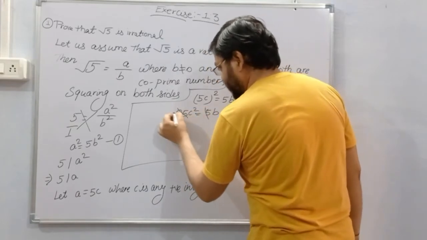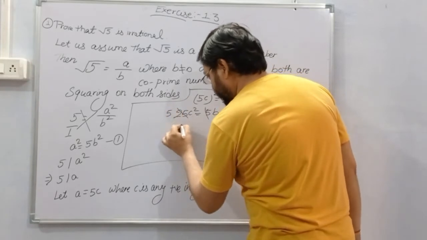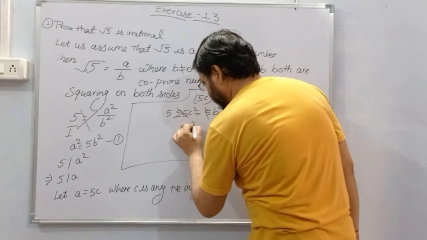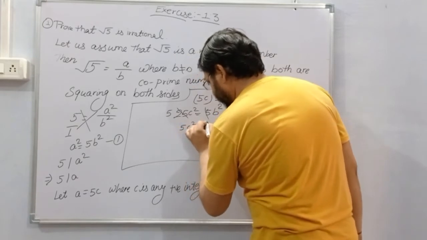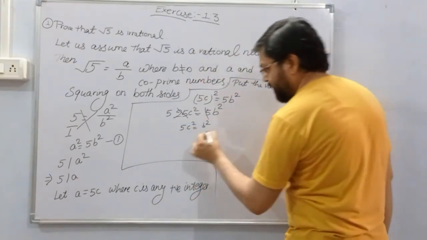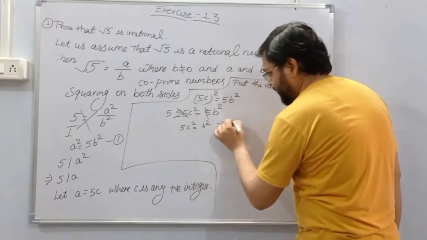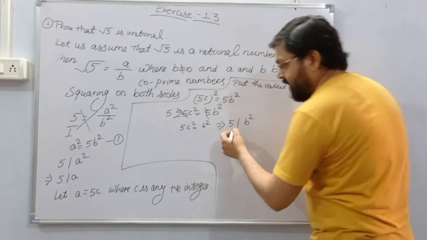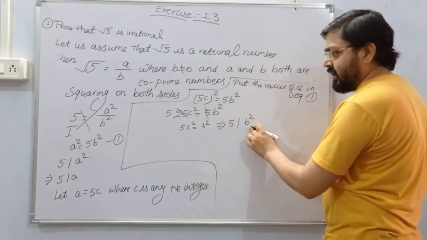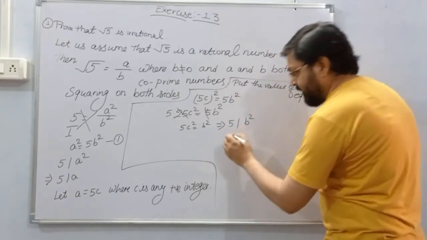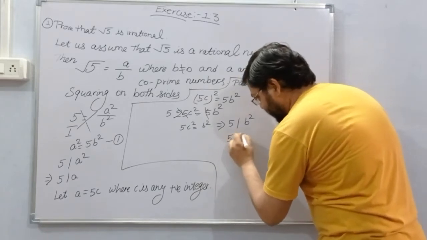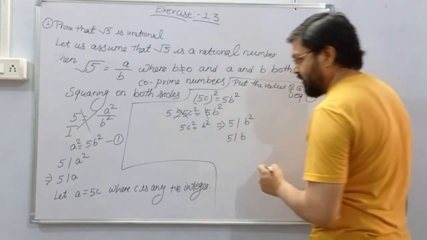You cut this, means 5c square is equal to b square. It means 5 divides b square. Again, if 5 divides b square, then by the fundamental theorem of arithmetic, 5 divides b.